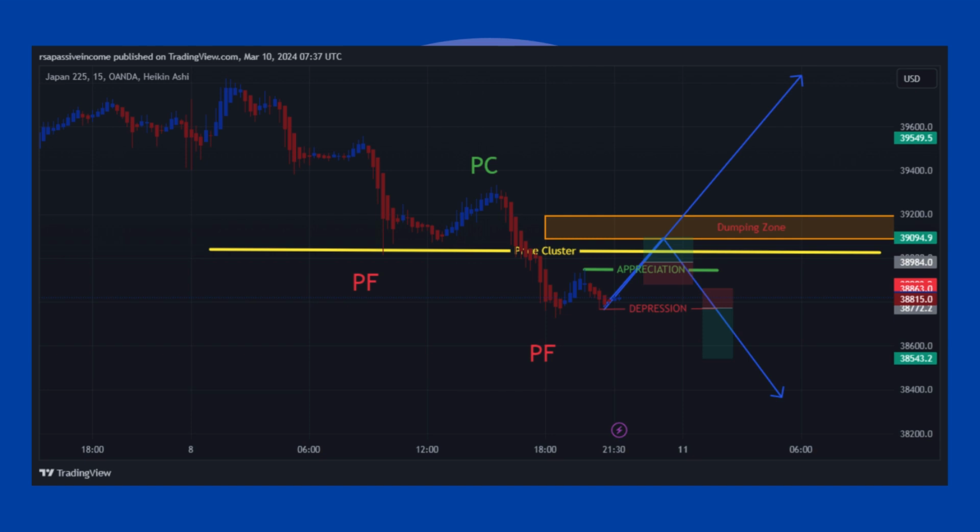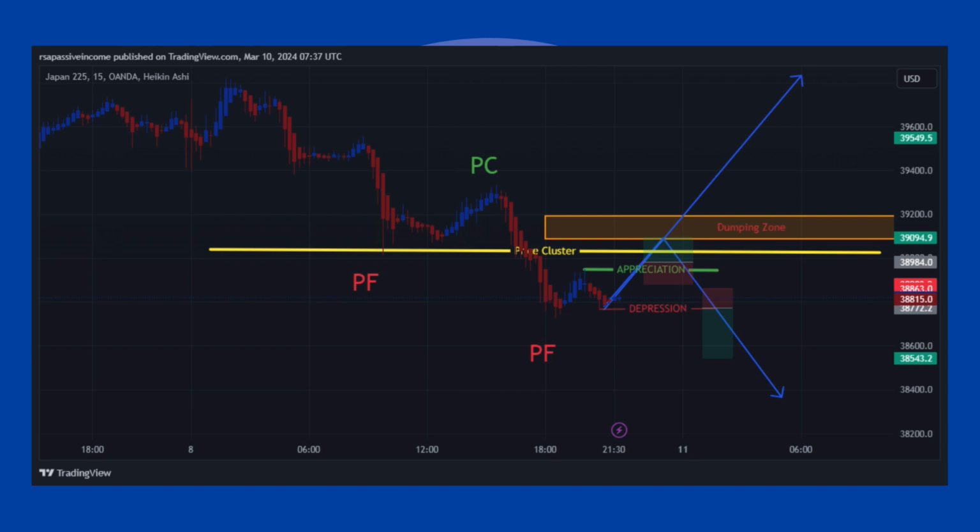So the next thing is to look for appreciation and depreciation level. Okay, see here, there is a depreciation level, which means the price can continue to a downtrend, or from here there is an appreciation level, right?